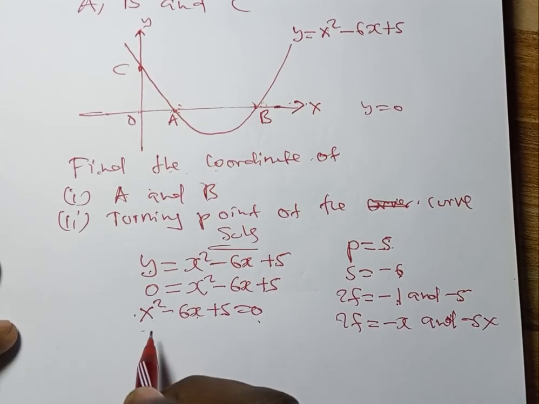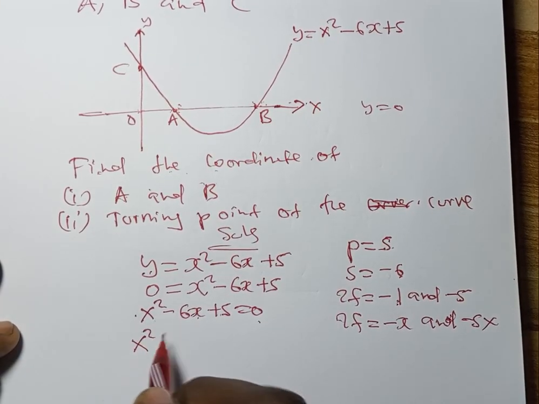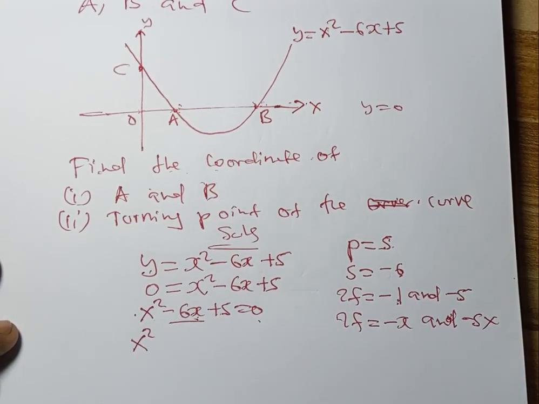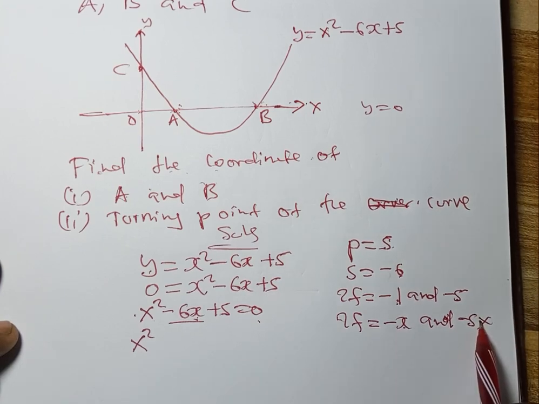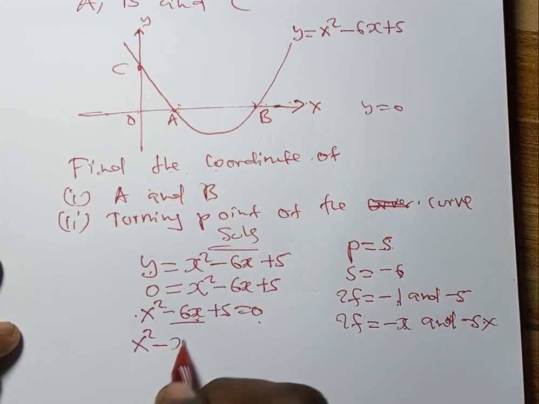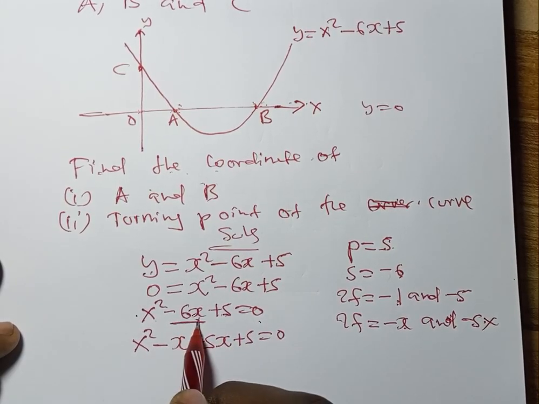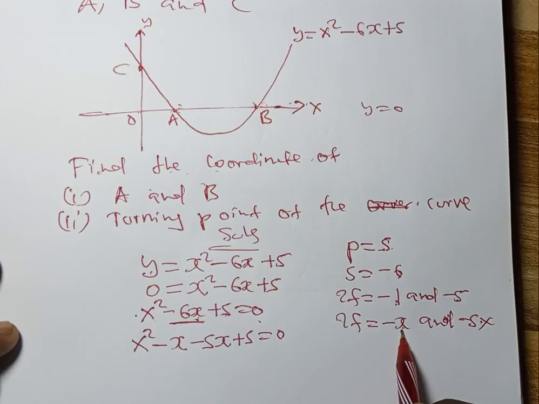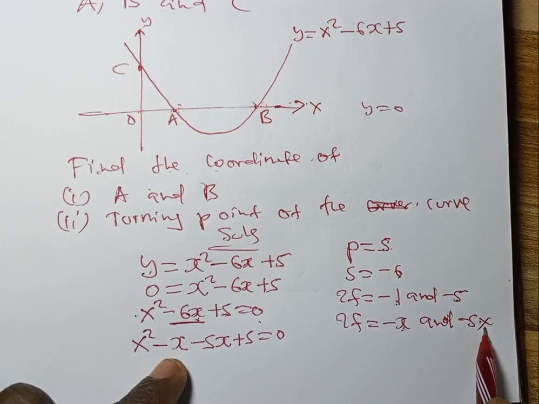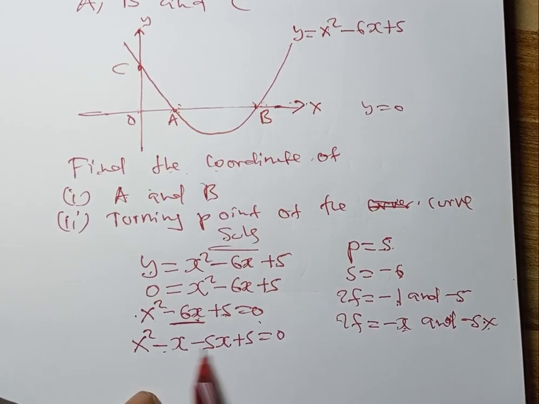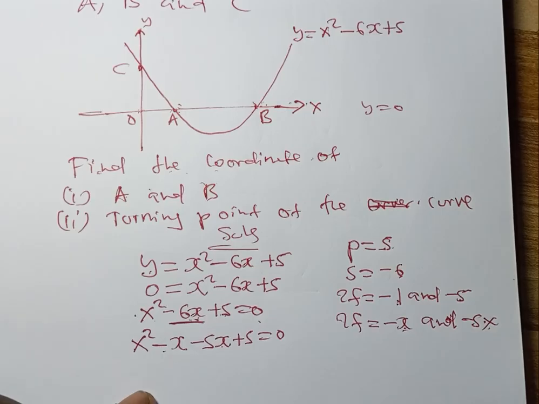From here we write x squared, and where there is the middle term, negative 6x, you replace it with these two factors. So you write negative x and negative 5x, and you drop the 5, equal to 0, because negative x and negative 5x give you back negative 6x.